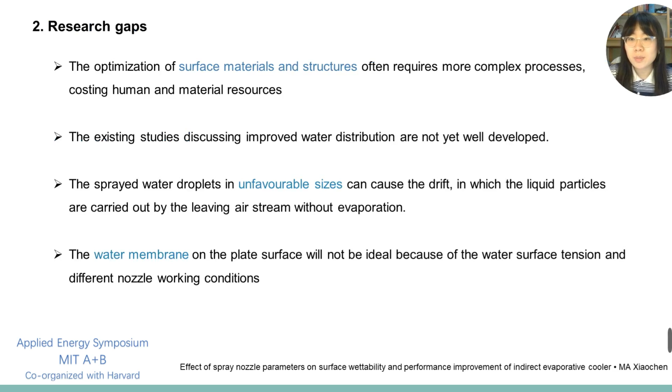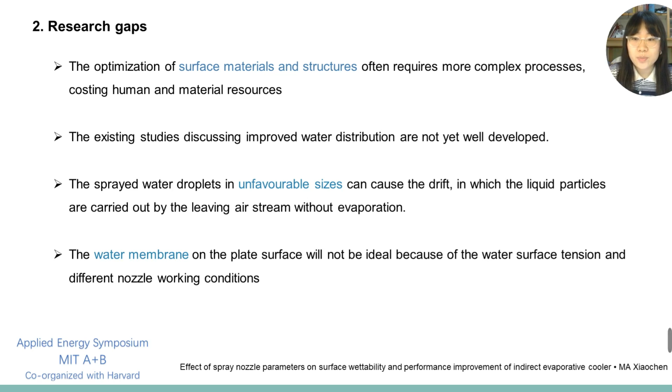First, the optimization of surface materials and structures often requires more complex processes, costing human and material resources. And second, the existing studies discussing improved water distribution are not yet well developed.